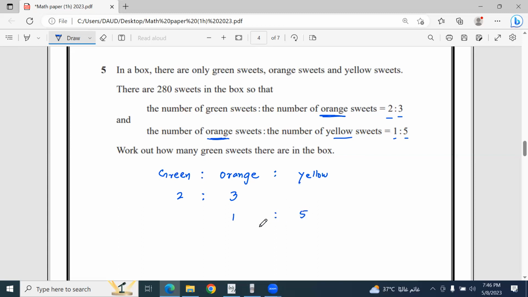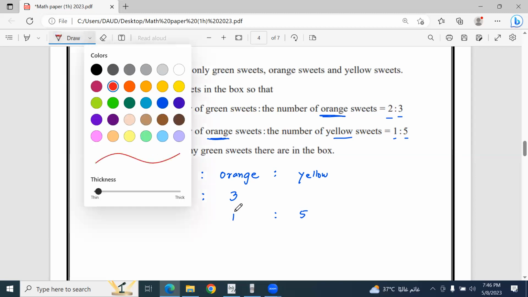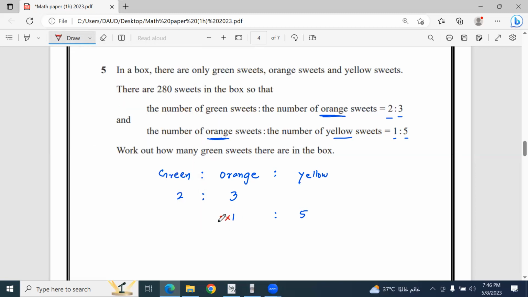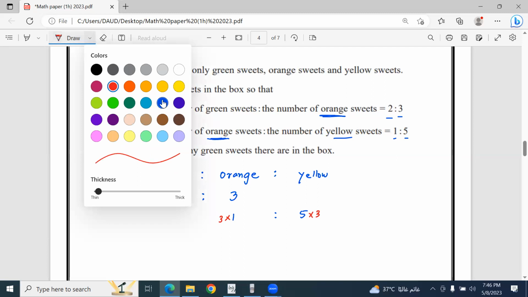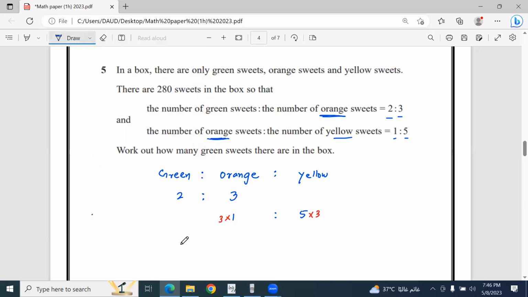We will try to figure it out. Orange must be equal for both yellow as well as green. So for that, I will multiply orange here by 3. It means you have to multiply yellow also by 3. So we have 2:3:15. Now orange is common with both yellow as well as green. 5 threes are 15.